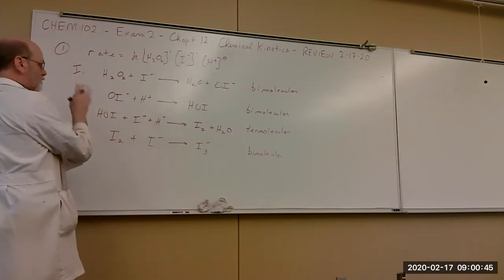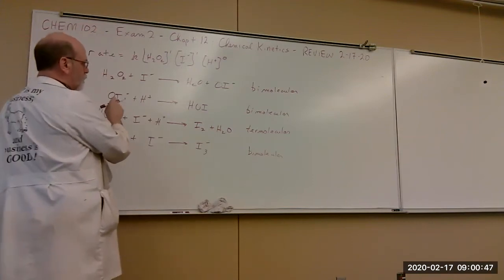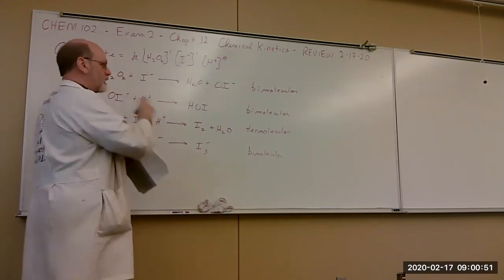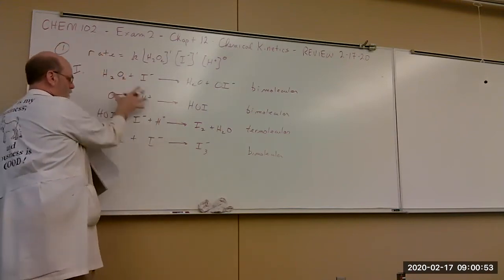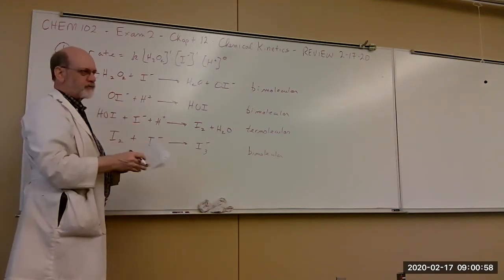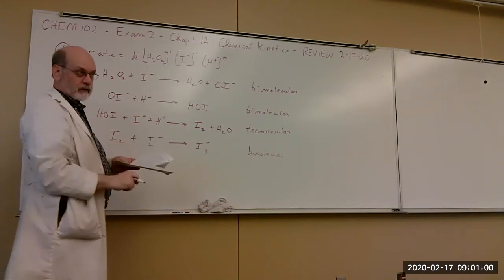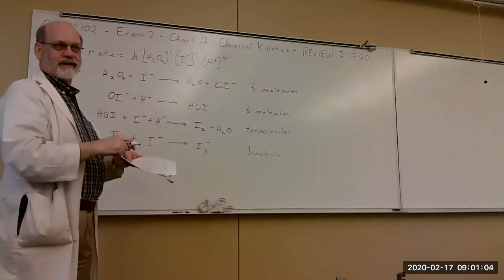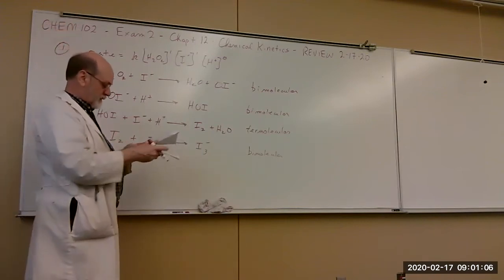okay, there's another factor that has to be considered. When you're writing elementary steps, you can write the rate for that step based on the stoichiometry of the reaction. That's something that the authors may not have told you in the book, or they may have just written one sentence, and it's easy to miss.